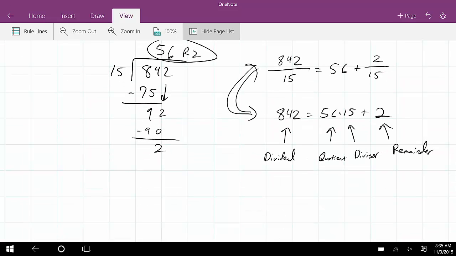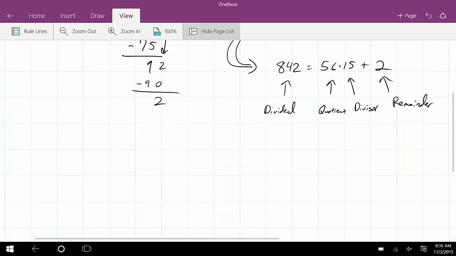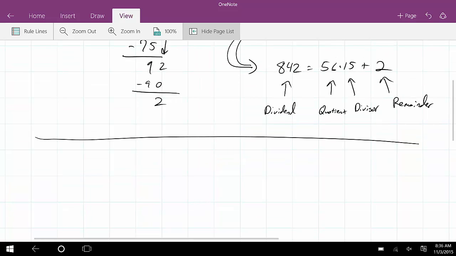Okay, so that being said, now let's talk about how to divide polynomials. It's going to be the same kind of process.